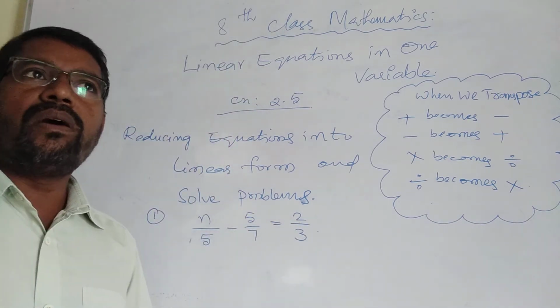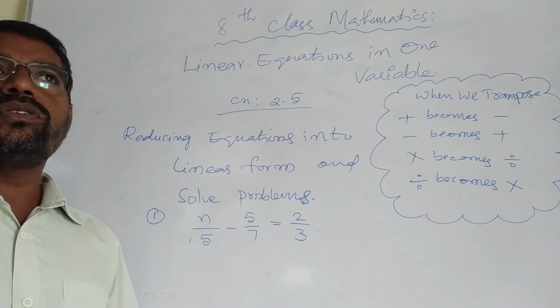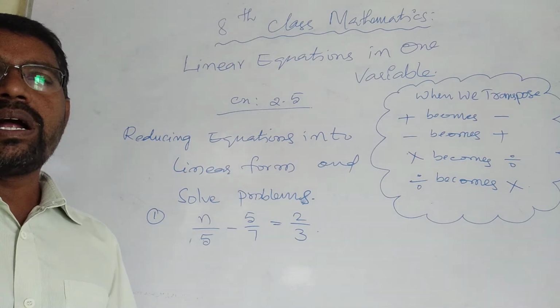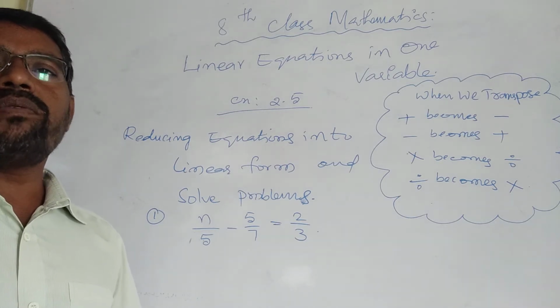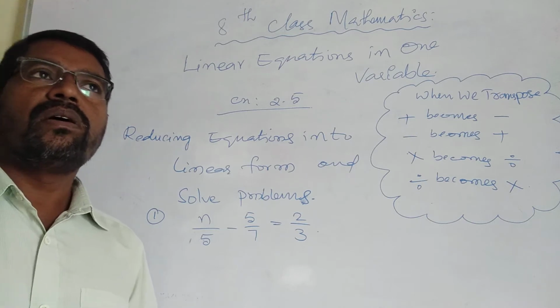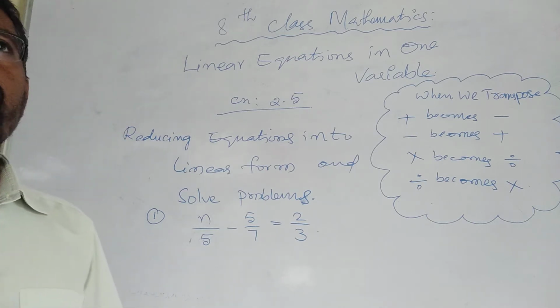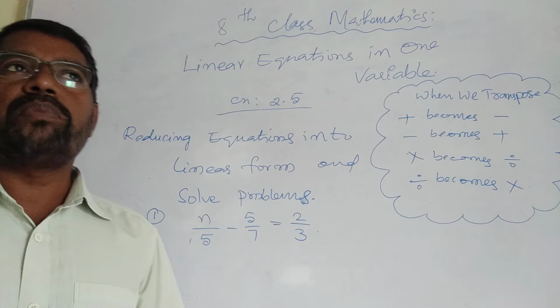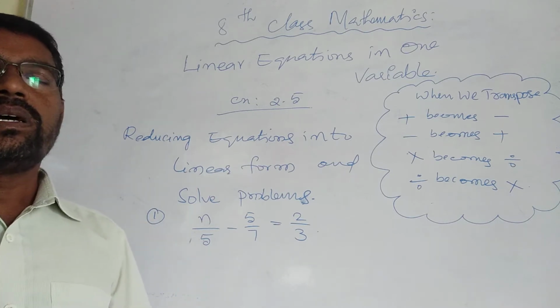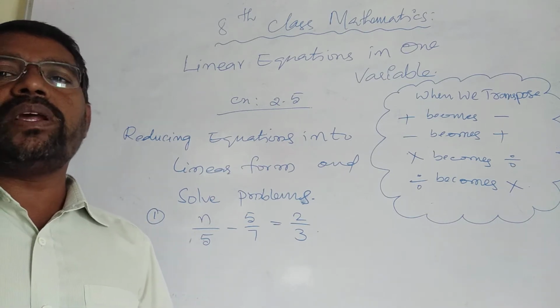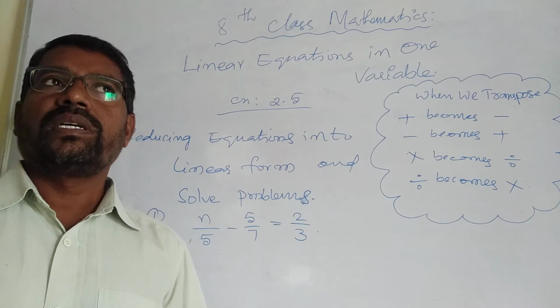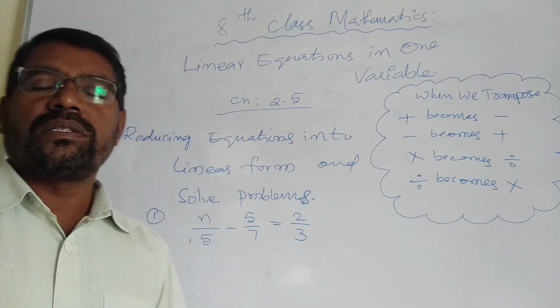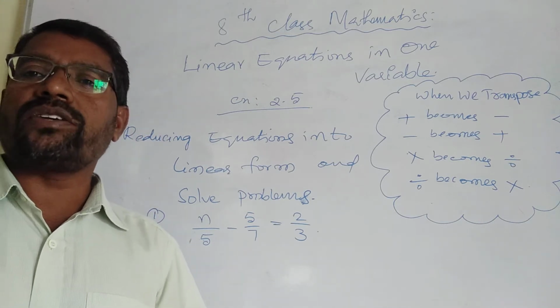Okay, now you should easily understand the concept of what we are going to do. Here we should remember to be perfect in addition, subtraction, multiplication and division, and also the LCM part, and how we are going to solve fractions.